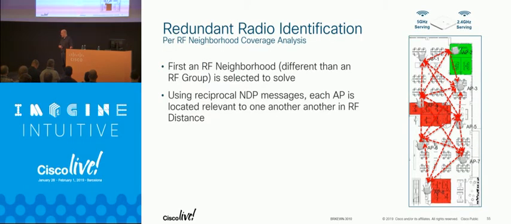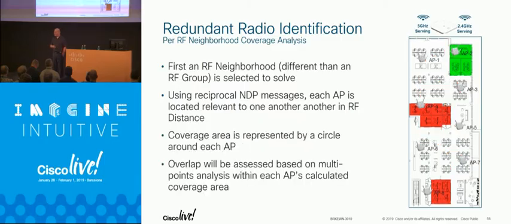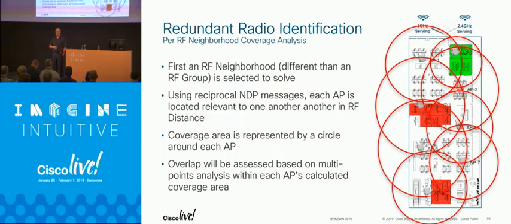So FRA's got a very, very limited scope. It listens to all the neighbor messages. It builds a picture in its head of the environment, right? We take into account all the power levels. The next thing that we do is we plot circles around these things. Now, these are imaginary circles. They're done in math. It's not done on a map. But you can roughly estimate how far your cell reaches based on the power level and how well I'm hearing that at known distances to other APs.